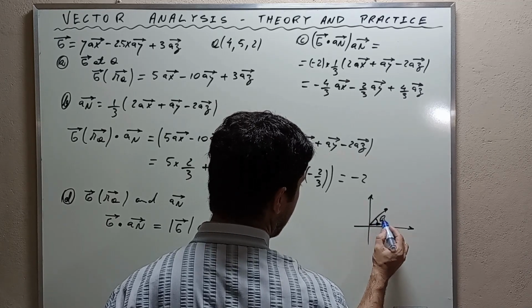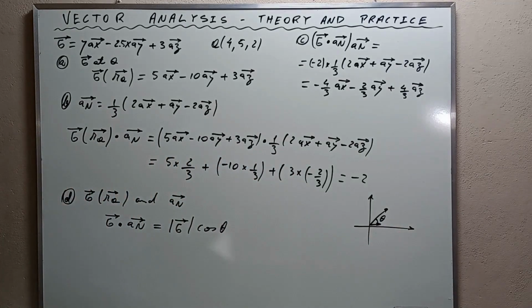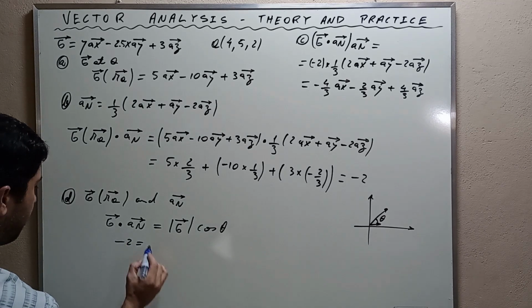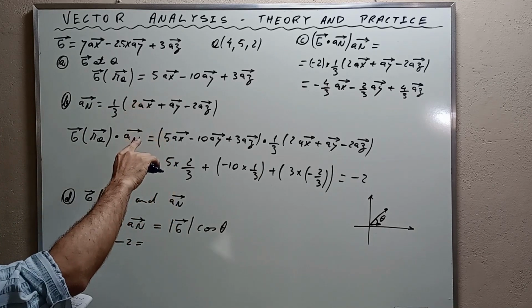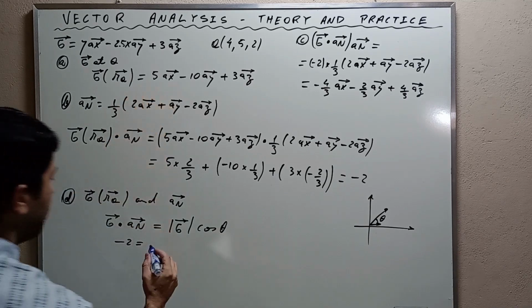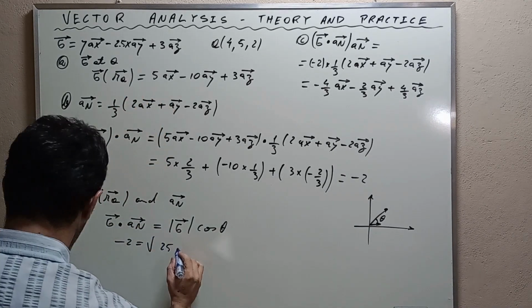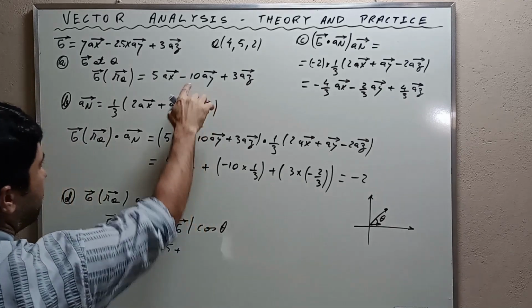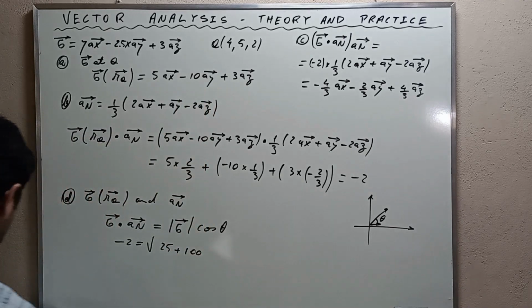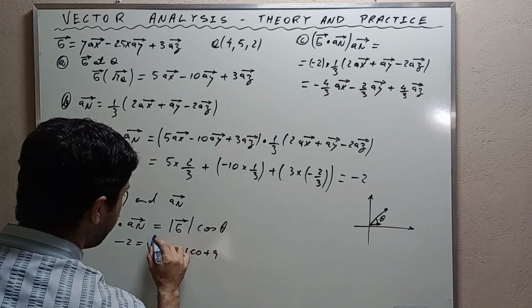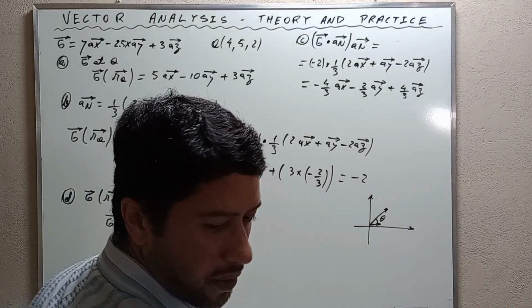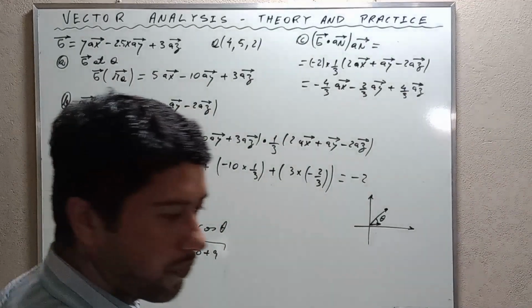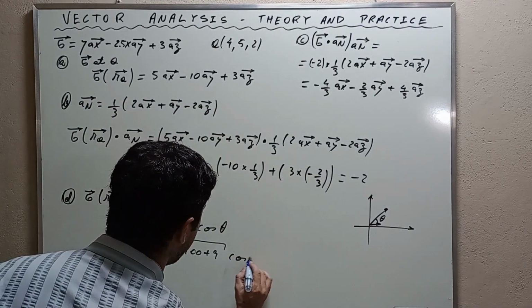There will be an angle between them. -2 is equal to the magnitude of G, which is the square root of 25 plus 100 plus 9, times the cosine of theta.